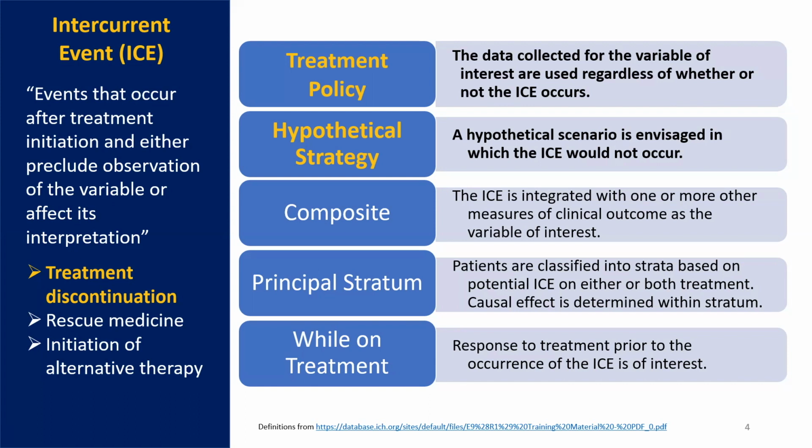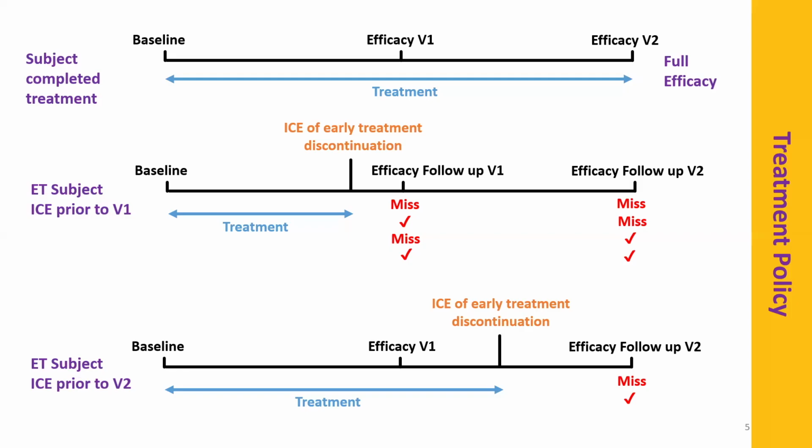We'll use the next couple of slides to illustrate the operational details of these two strategies. Now here, imagine that we have a trial with a continuous primary endpoint variable, which is measured at 3 time points, and the primary analysis is conducted with MMRM. The top section illustrates a subject who has completed the treatment course.